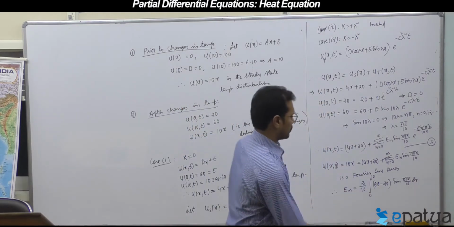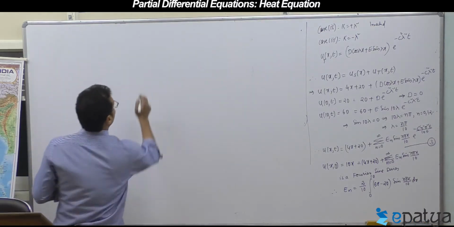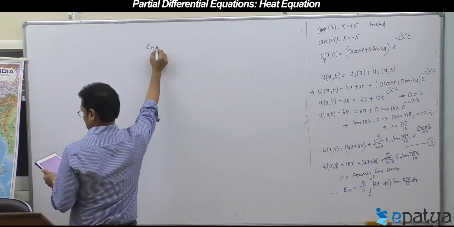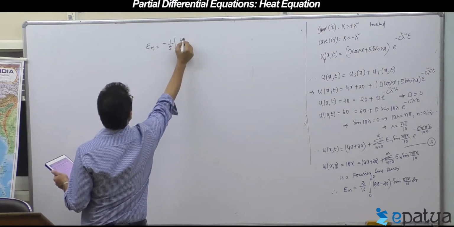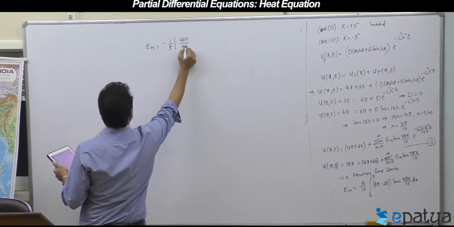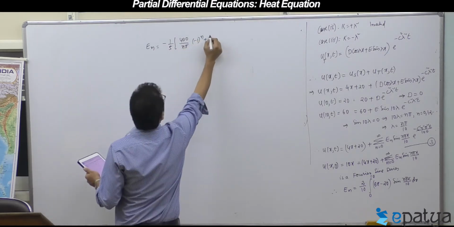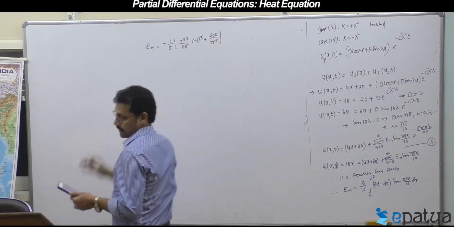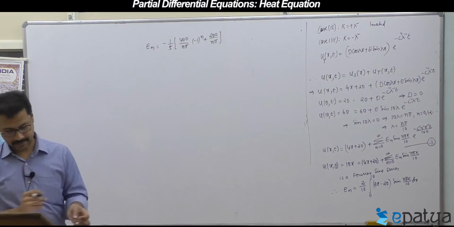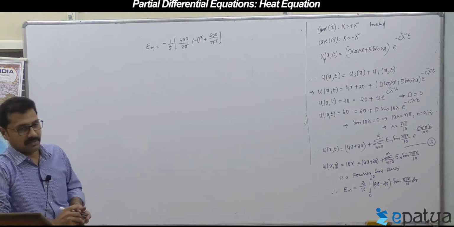But anyway, you try to solve it and give me the answer. So that En comes out to be minus 1 by 5 into 400 by n pi into minus 1 whole power n plus 200 by n pi. Minus 1 whole power n is cos n pi that comes there.